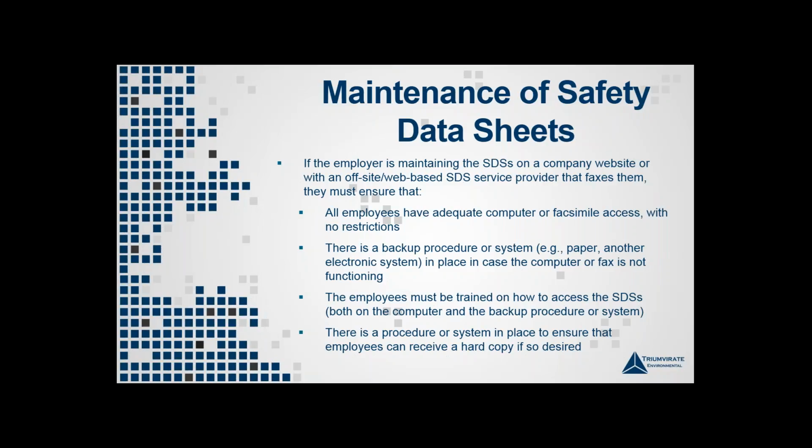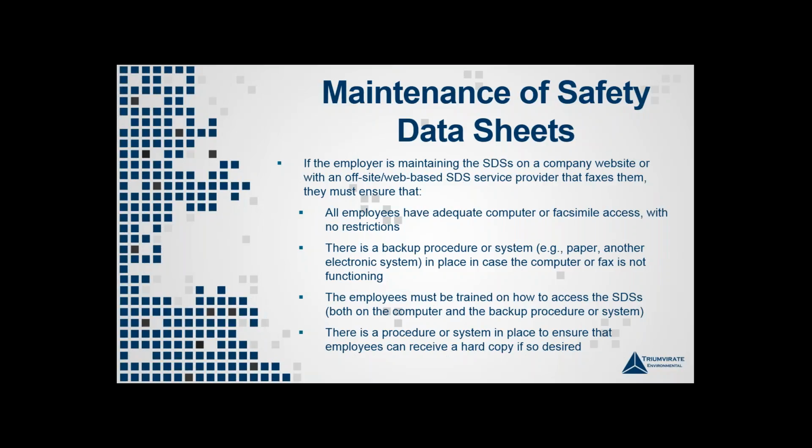Most importantly, I think, is this third bullet down that says if you are using a service, you have to make sure that all of your employees, all, right, are trained on how to get to that information. So it's not just a matter of saying, oh yeah, we train a select few and they're in charge of going to get the safety data sheet.